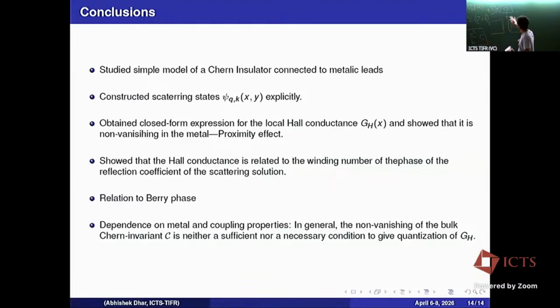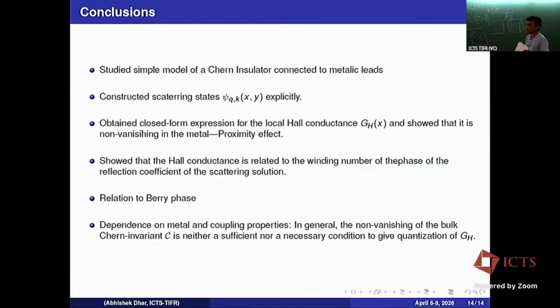If you thought of the isolated insulator, then depending on the value of mu w, it can be topological or non-topological. Once you have this coupling, things depend on these 3 parameters. And what we find is that even when the isolated system would predict that it should be quantized, for some values of parameters it need not be quantized. These parameters determine everything, so the details of the leads and coupling also matter.